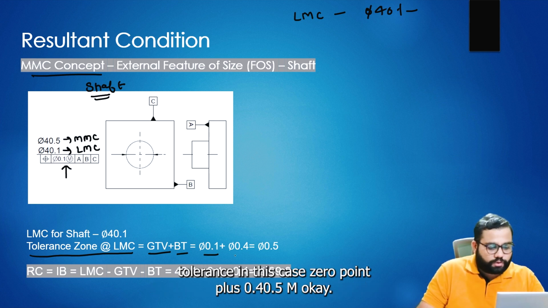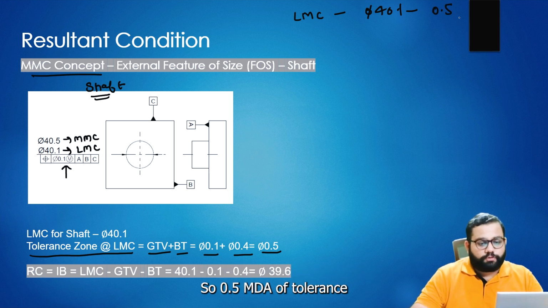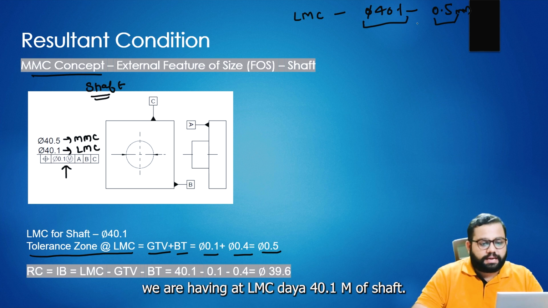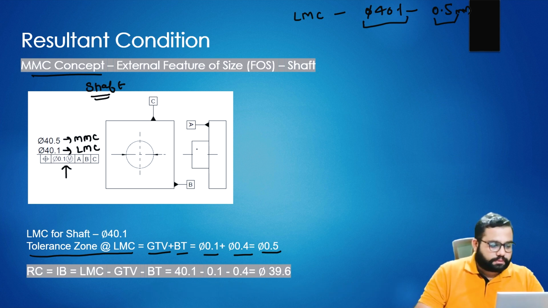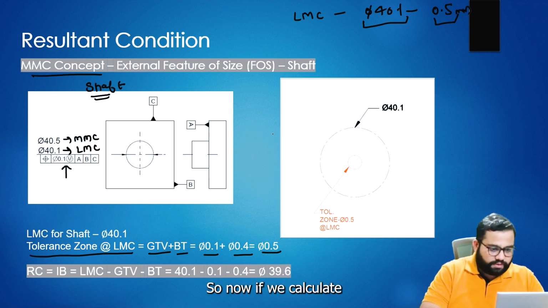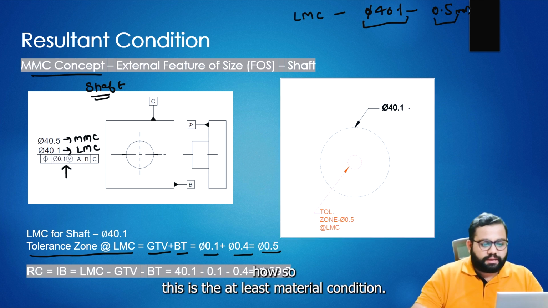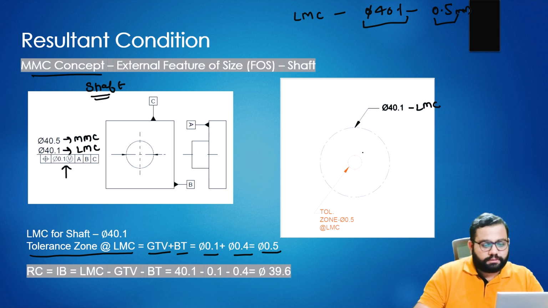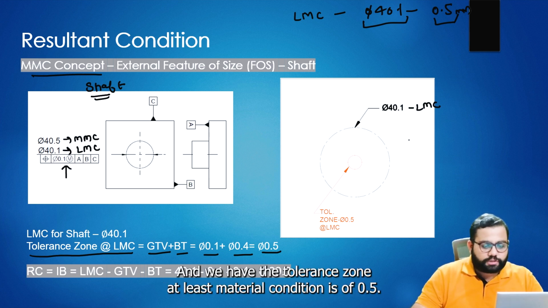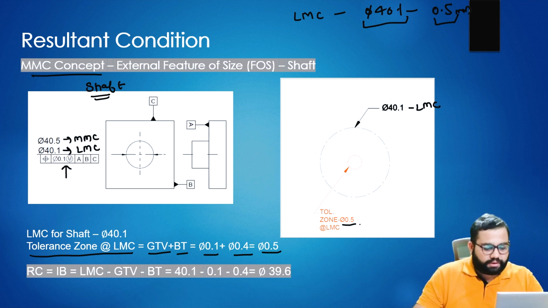In this case, 0.1 plus 0.4, which is 0.5 mm. So we have a 0.5 mm dia tolerance zone at LMC, dia 40.1 mm of the shaft.